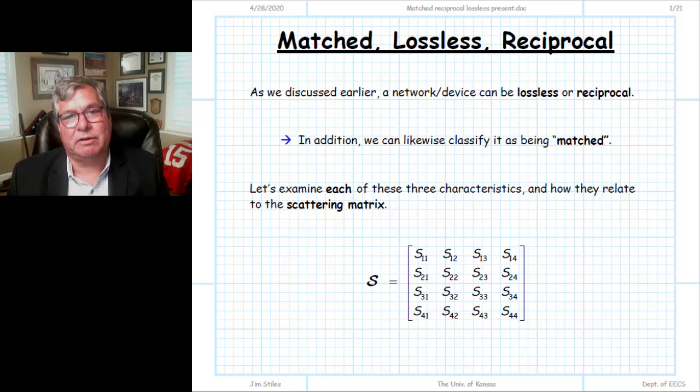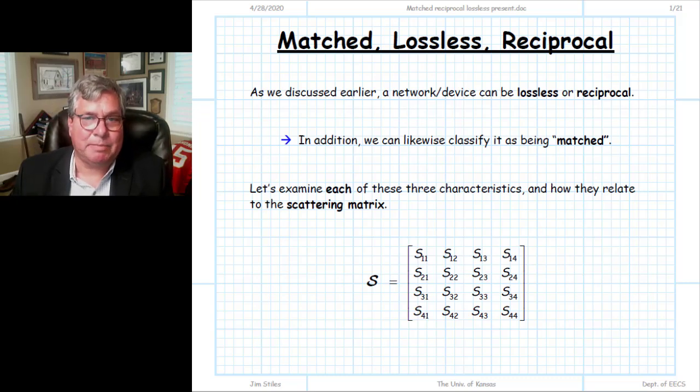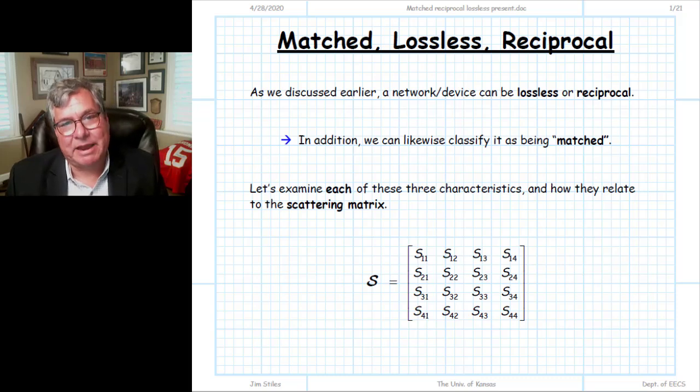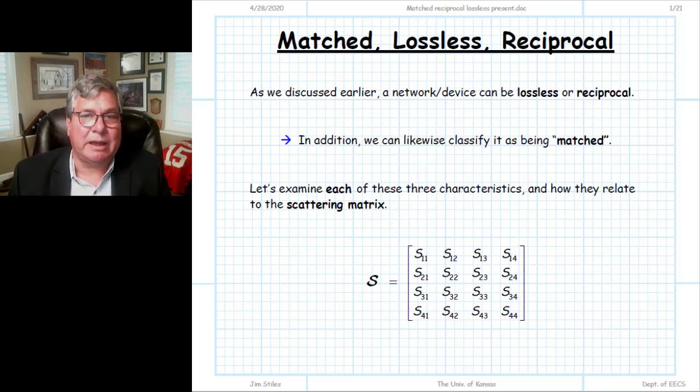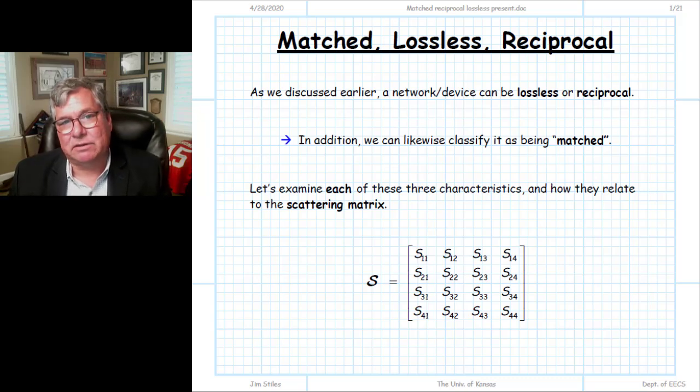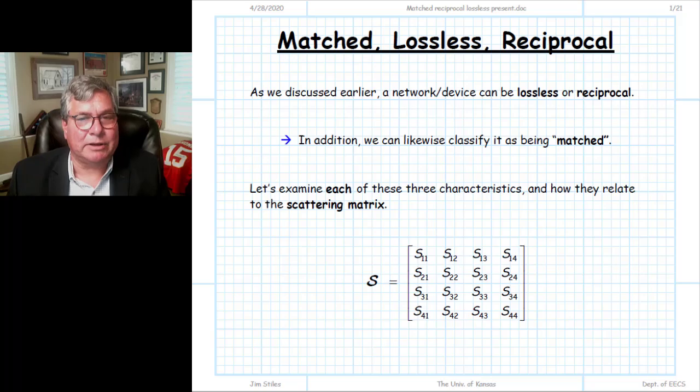We can determine whether a microwave device is matched by the elements of the scattering matrix. Moreover, we know a matched device must have a certain characteristic with respect to the elements of the scattering matrix. So the idea of a matched device can likewise be discerned by looking at the scattering matrix of that device.